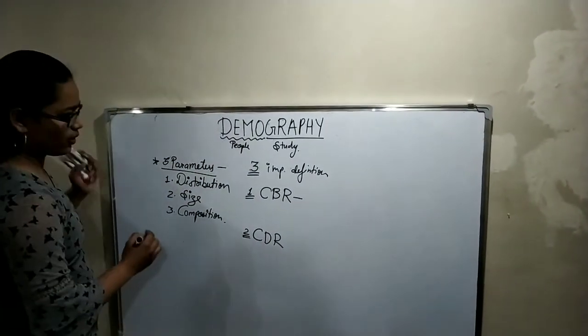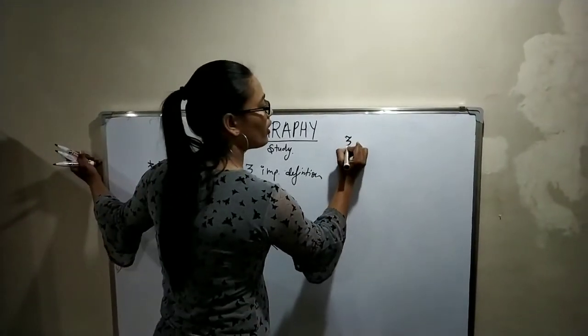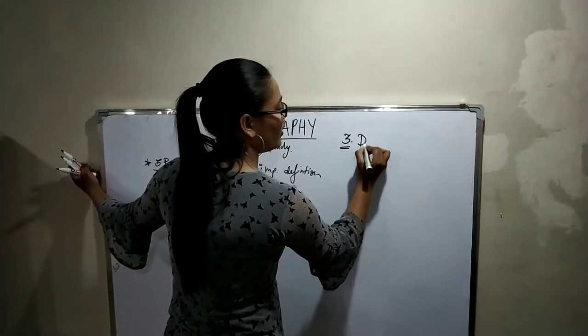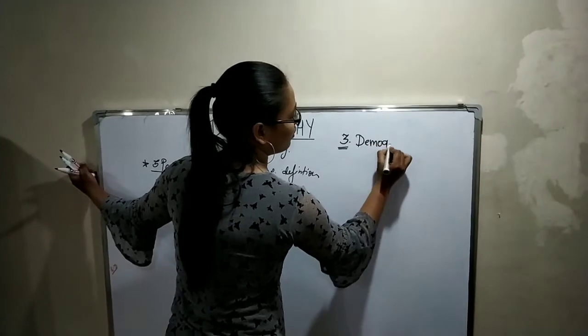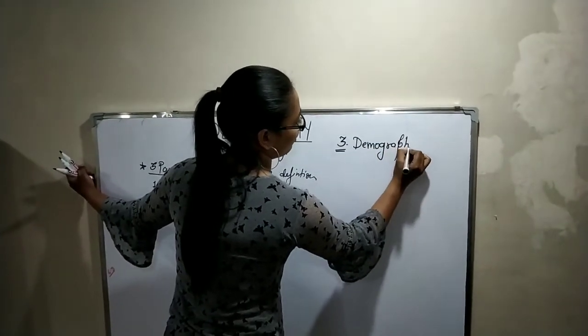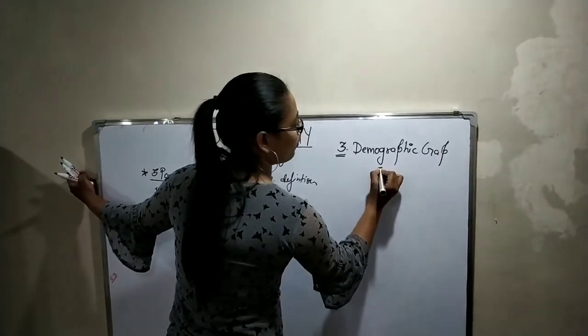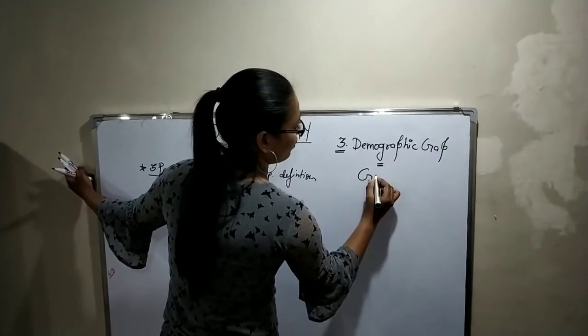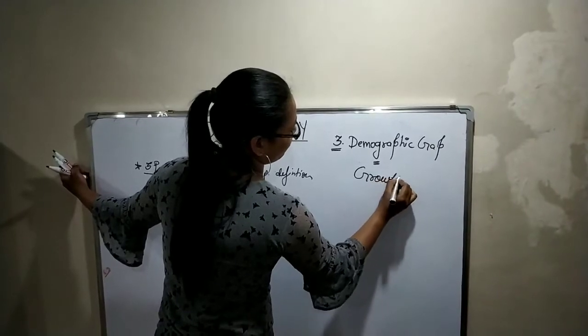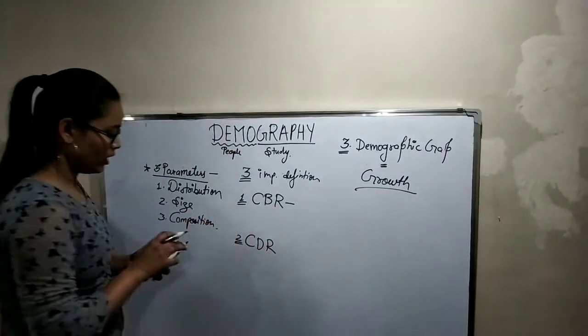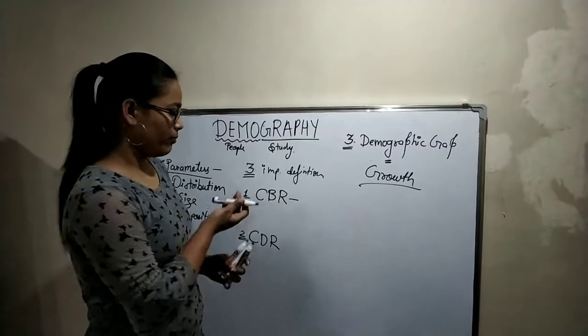And third is demographic gap, or it is also known as growth. So let's talk about one by one.